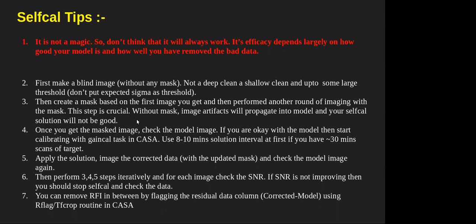So the takeaway from these two steps is that you first make a blind image, then create a mask, and then make another image using that mask so that your model image looks good and there are no artifacts in your model.